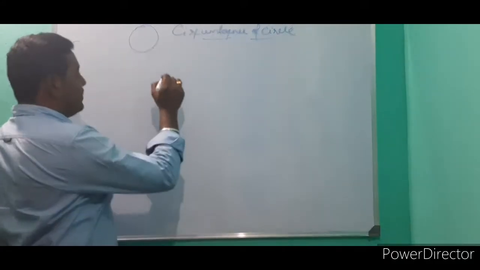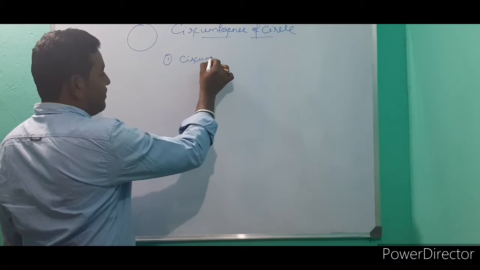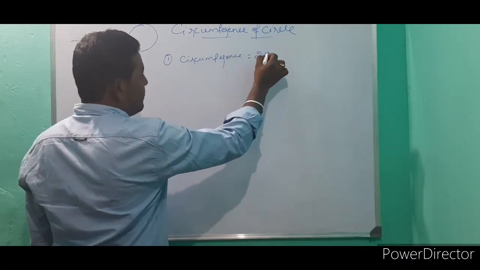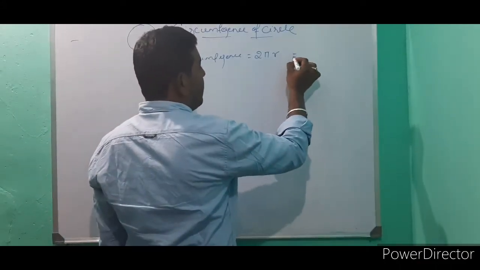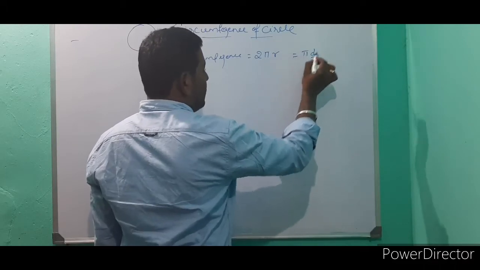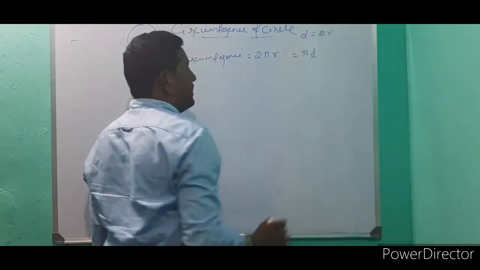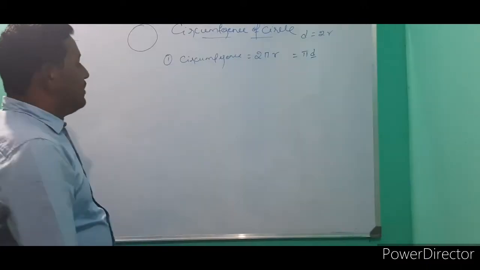Here we are using two formulas. First, circumference is equal to 2 pi r, or you can write pi into d also. D means what here? 2 times the radius.